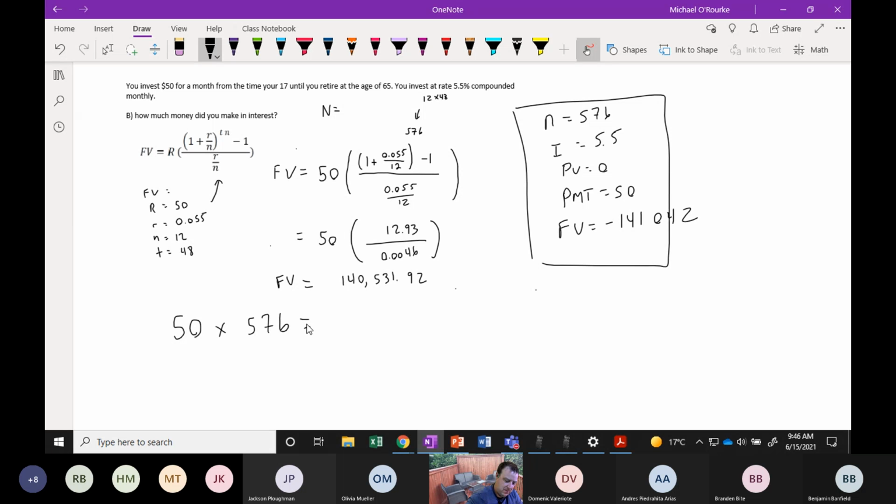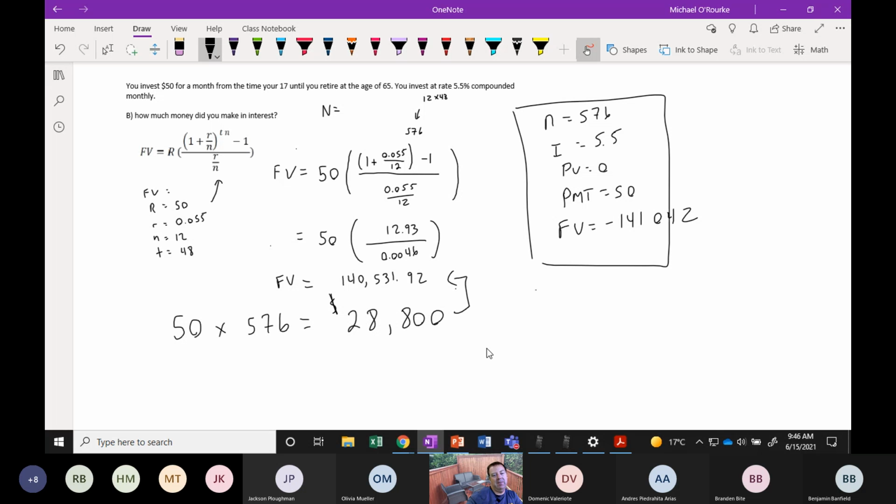50 times 576. So we put in $28,800 into this investment, and we got out 140,000.